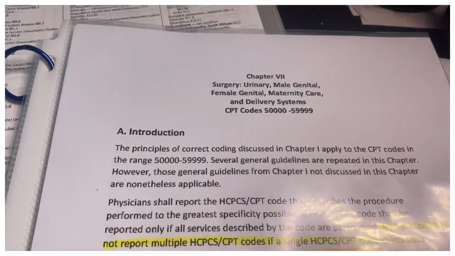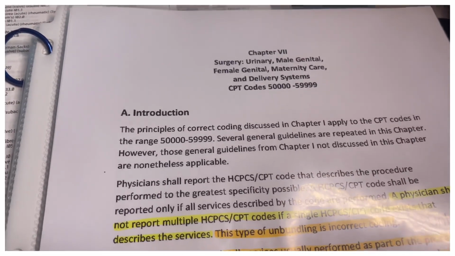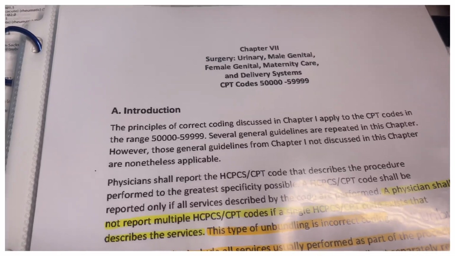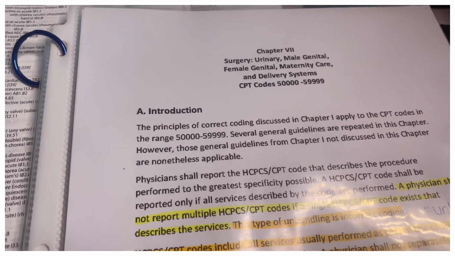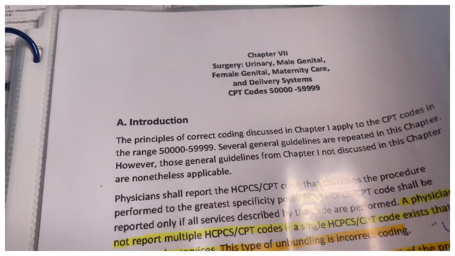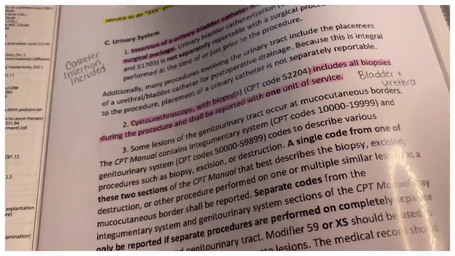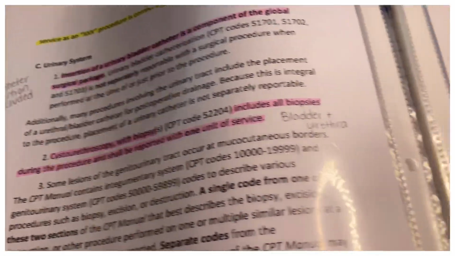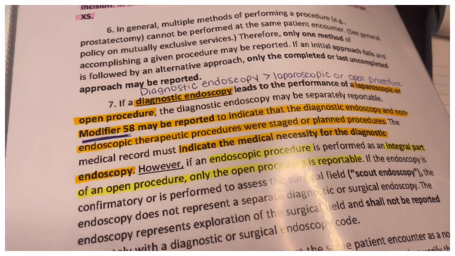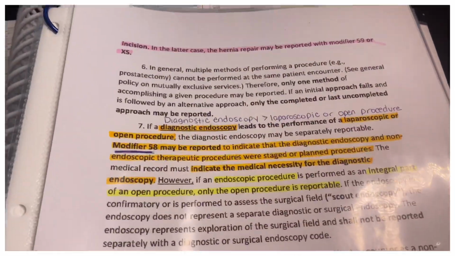They have all the chapters of your CPT manual, so you can either download them and have them, but I keep chapter 7 because it's related to my specialty for the female genital and maternity care. So in this chapter under C, and then number 7 is where you can find this information if you choose to print this out.